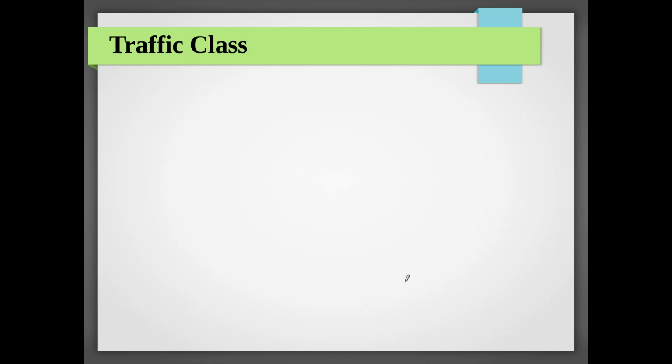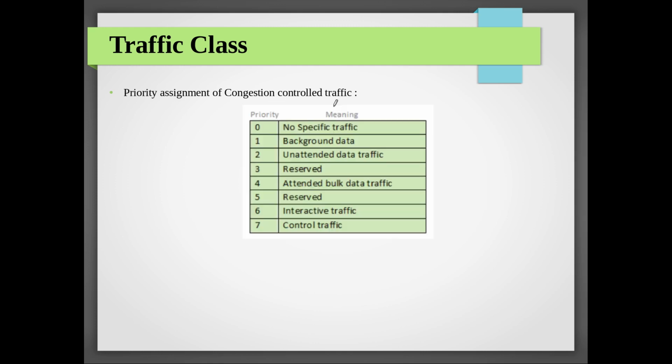Okay, and accordingly, if you are looking at the traffic class, the priority assignment for congestion controlled traffic is like this. We already saw the lower priority class, the first half of the priority class, that is 0 to 7, is given for congestion controlled traffic. And out of them, if you want, you can see more details about it.